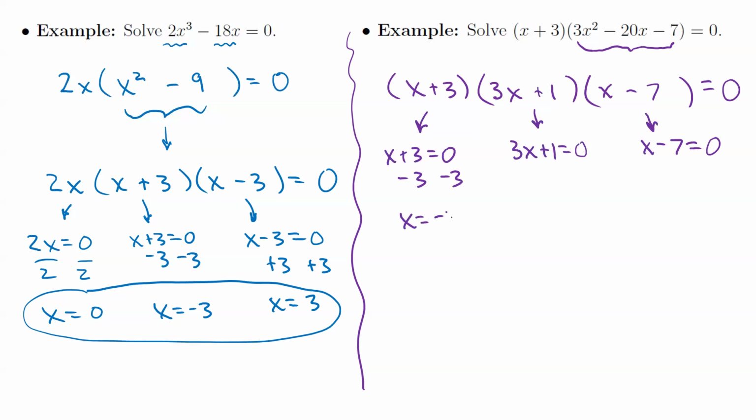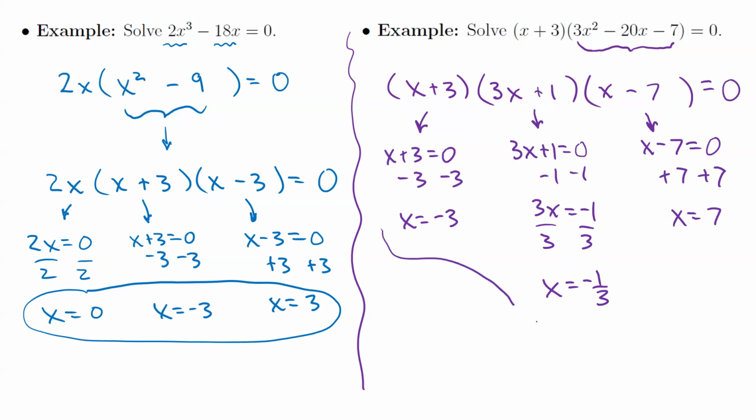So x equals negative 3 on the left. X equals negative 1/3 in the middle. And x equals 7 over there on the right. So just like the last problem, we've got 3 different solutions.